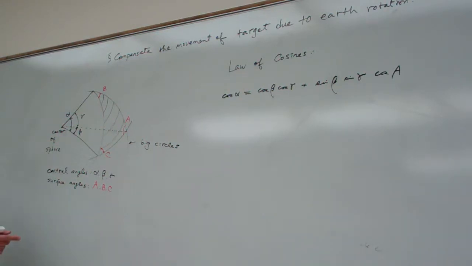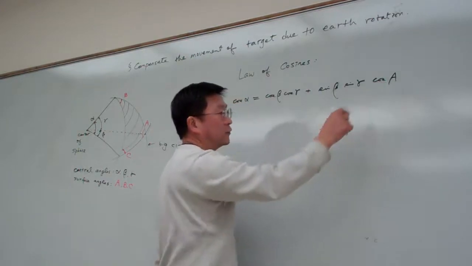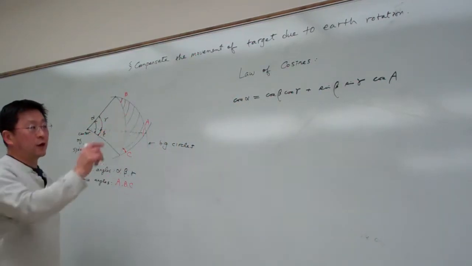So that's the reason why we need to distinguish the central angles from the surface angles. In this equation we only have one surface angle, which is A. The other three are central angles.